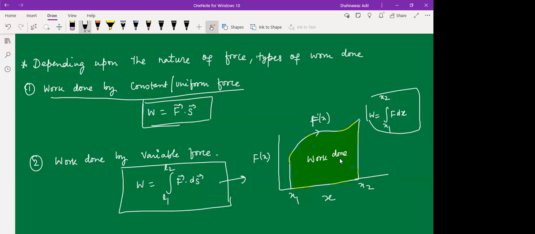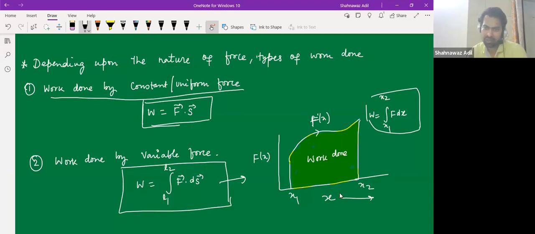So, sir, in this question, x1 is 1 and x2 is 3. Yes, absolutely right. So in the limit we calculate the displacement from x1 to x2.